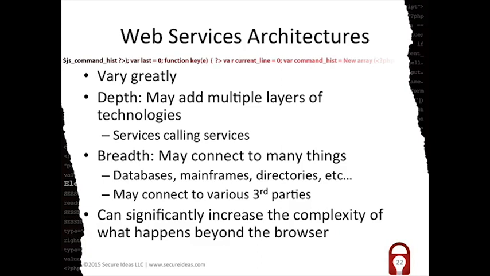So what we know about web services is that the architectures of these things vary tremendously. Each situation is different. Really all it is, it's some way of adding a layer of abstraction, so that if you think of it in terms of remote procedure calls, that's kind of what we're doing.